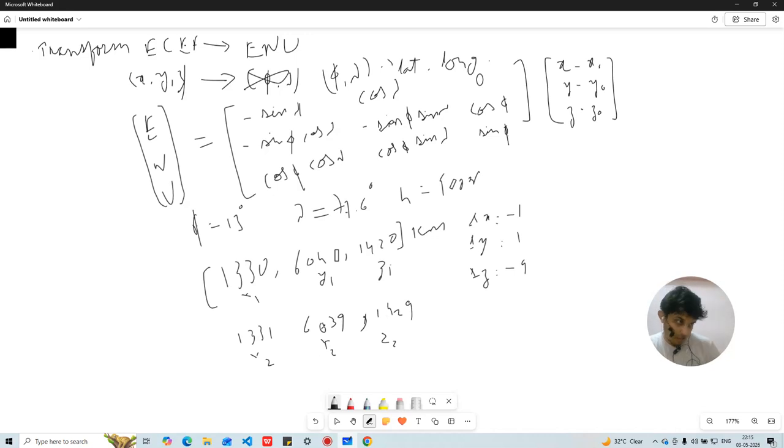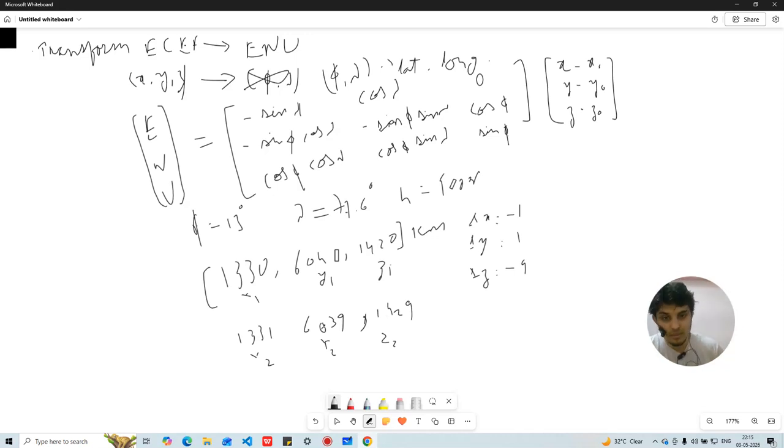What I am more concerned about is how we get this rotation matrix. I can do all those conversions, but how do we get the rotation matrix? Why is it the way it is?